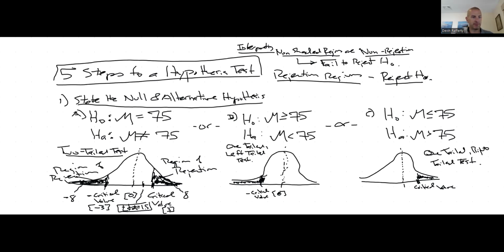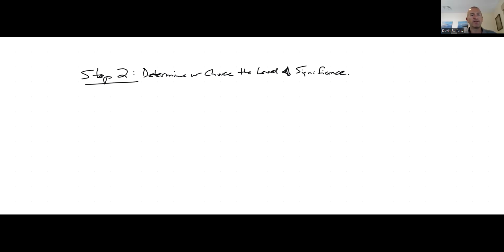Step 2. Step 2 is a lot faster. Step 2 is determine or choose the level of significance. The level of significance is denoted by alpha.